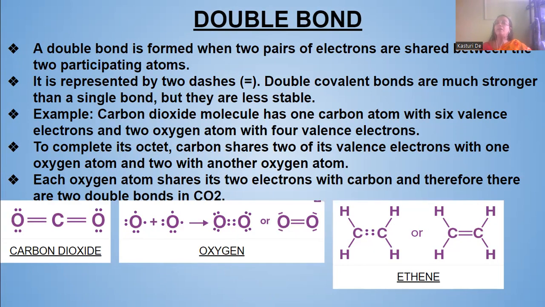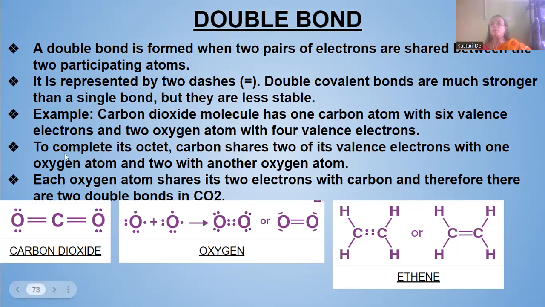The carbon dioxide molecule has 1 carbon atom and 2 oxygen atoms. I'm sorry, the carbon atom has 4 valence electrons on its outermost shell, and each oxygen has 6 valence electrons on its outermost shell.